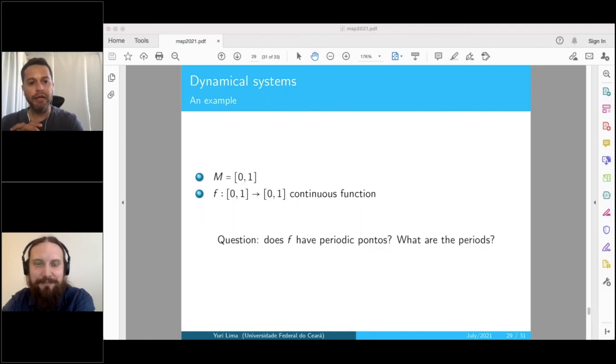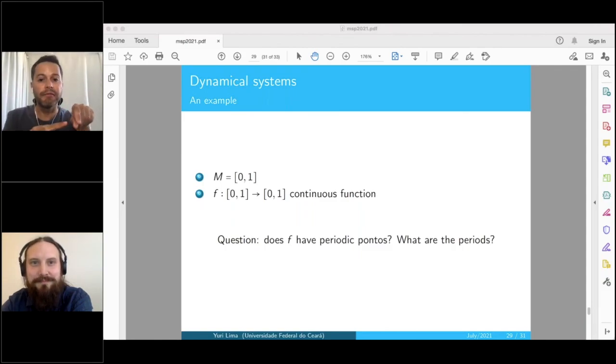A point of period 3 tells you that you have a point P that goes to f(P), that goes to f²(P), that comes back to P. By these 3 points, you can define 2 intervals. And it's very easy to see the relation of these 2 intervals with respect to their images. The image of one contains the other, and the image of the other contains both of them.